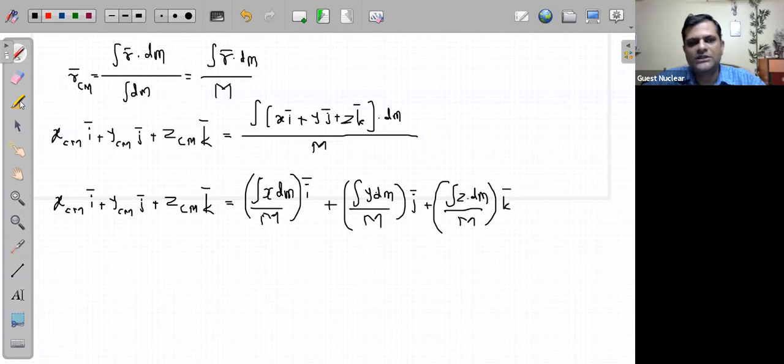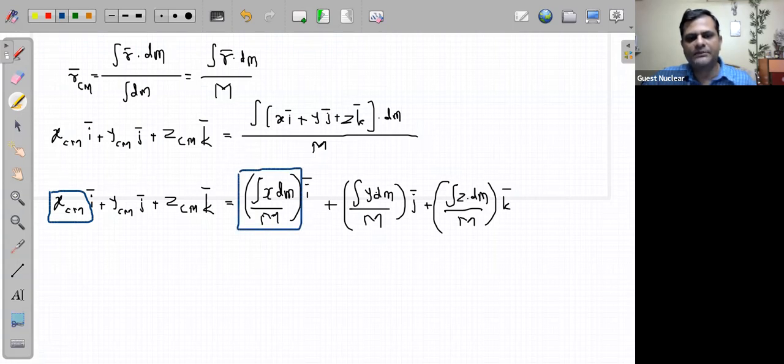Now we can just understand that if we just compare the coefficient of i bar here on the LHS, तो LHS में i bar का coefficient कौन है, x_cm है, जो कि यहाँ पे RHS में ये पूरा है. We can just compare them.